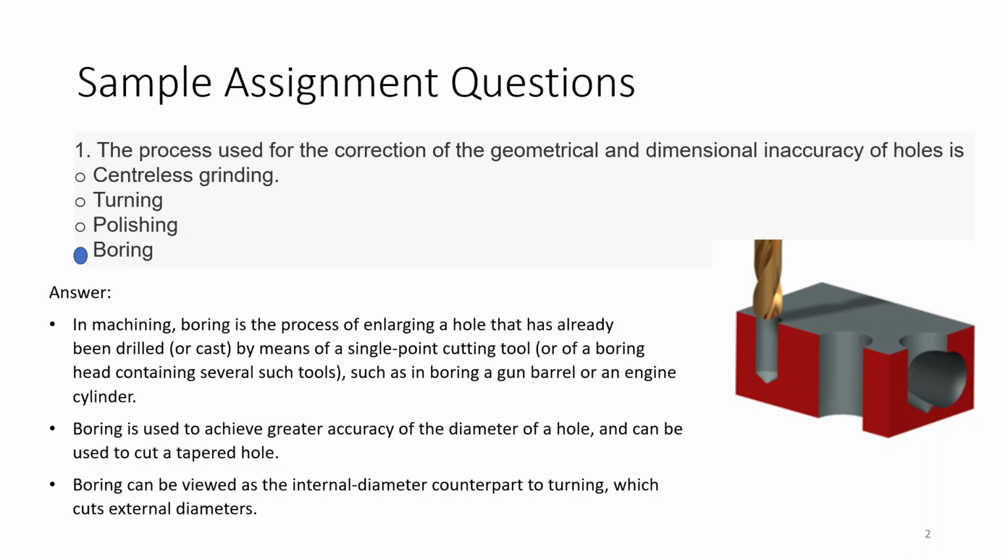Boring is done by means of a single point cutting tool or of a boring head containing several such tools, such as in boring a gun barrel or an engine cylinder. Boring is also used to achieve greater accuracy of the diameter of a hole, and it can be used to cut a tapered hole. It can be viewed as the internal diameter counterpart of turning, and in case of turning it cuts external diameters.